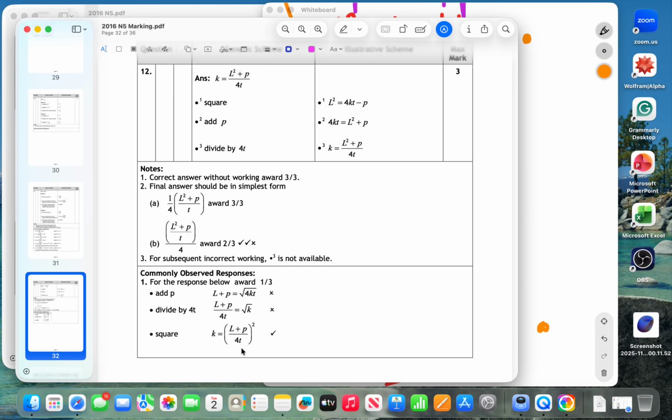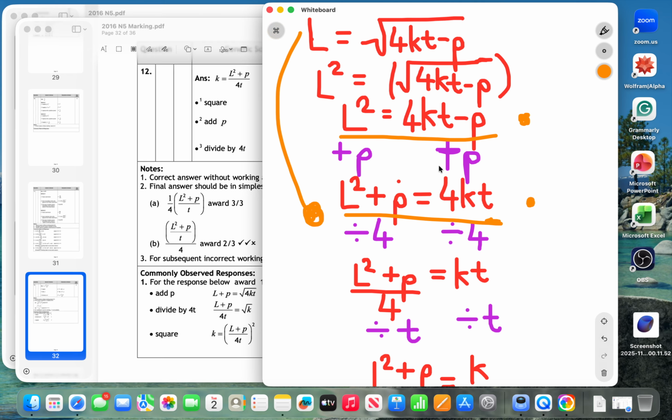If you did any of these, which many pupils did in the exam, these would be the ways that you lose points. The common mistake is adding p at the start. As I said, that's wrong, because you have to get rid of the square root, and because minus p is inside the square root, you can't just add p.